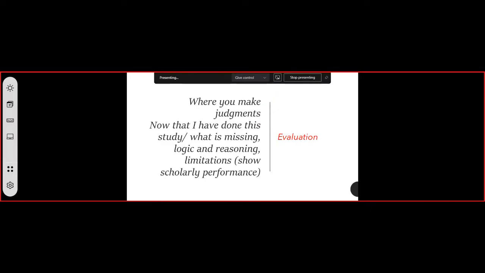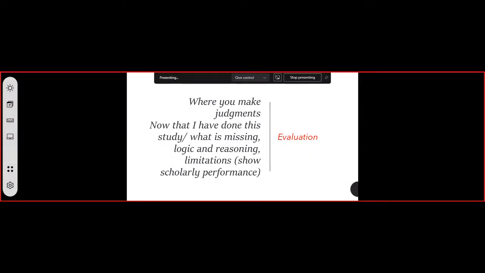So at our evaluation level, this is where you can also start making judgments. You could, in one aspect, evaluate your own processes and your own review and how you've done. Please remember that you are a master's student, a doctoral candidate or still a student, so you may still learn.